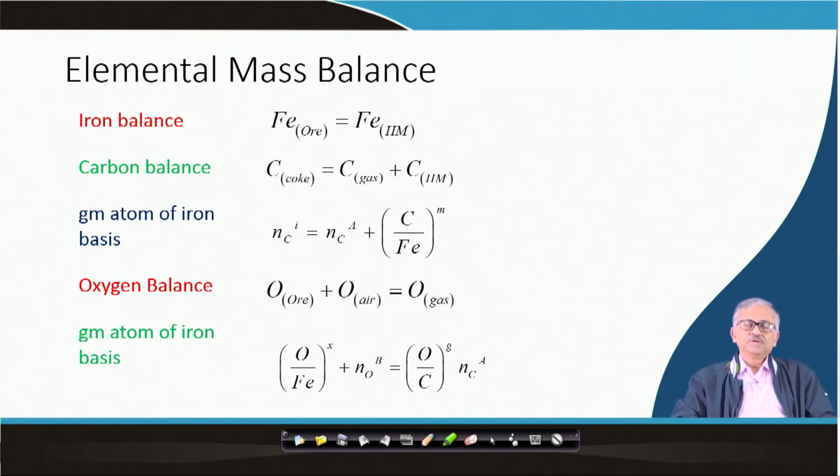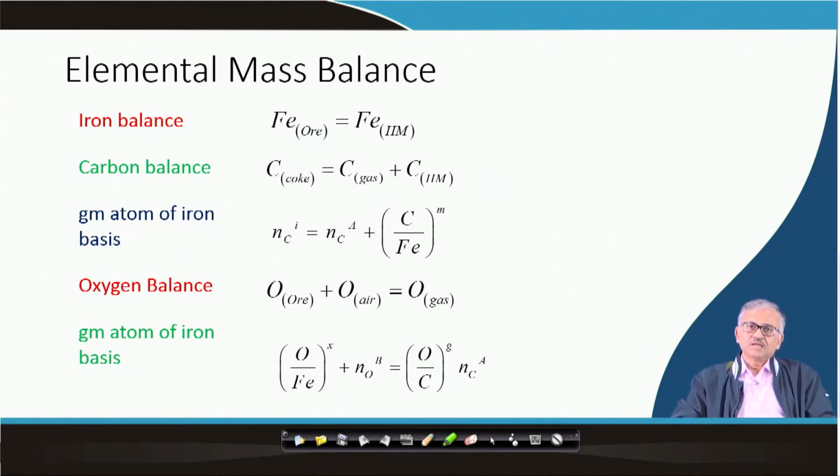And then NOB represents the gram atom of oxygen input through the air blast to produce 1 gram atom of iron. That is equal to O by C in the gas, that is the gas composition, basically the oxygen to carbon atom ratio, multiplied by NCA. NCA is the gram atom of carbon that joins the gas per gram atom of iron produced.